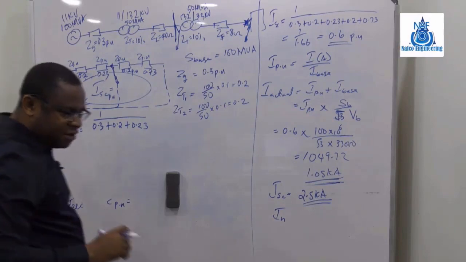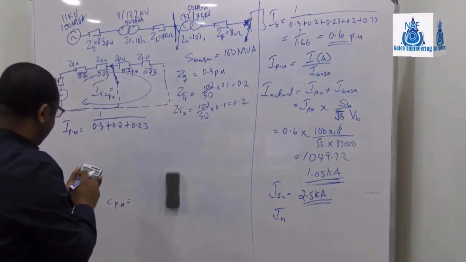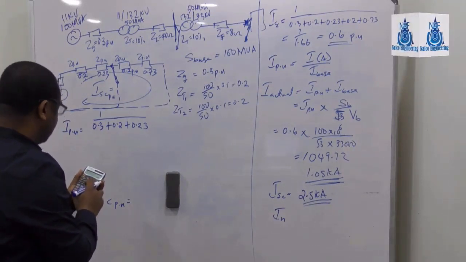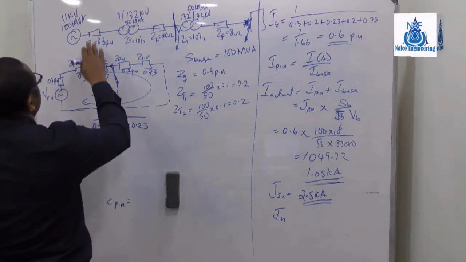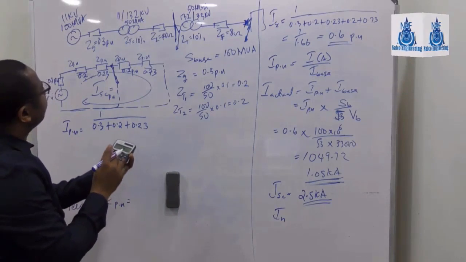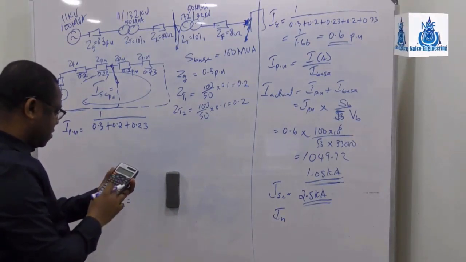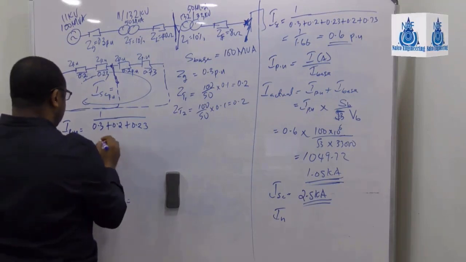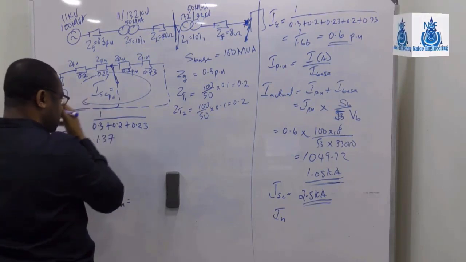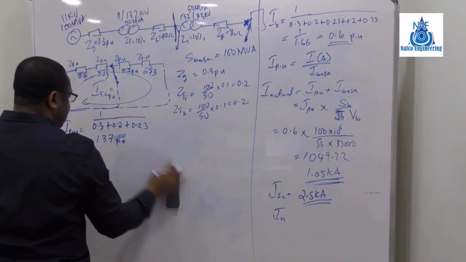So I have 0.3 plus 0.2 here plus 0.23 there. Equals 1 divided by that, and you will get 1.37 amps per unit.